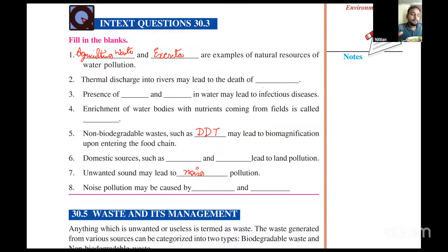Joshua, Bethia, are you there? Yes, sir, I'm there. Domestic sources such as plastic bags and glass bottles lead to land pollution.